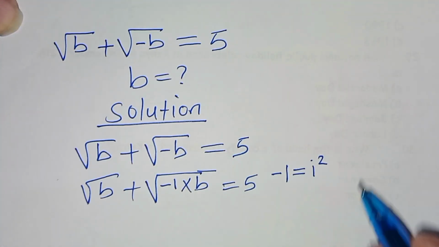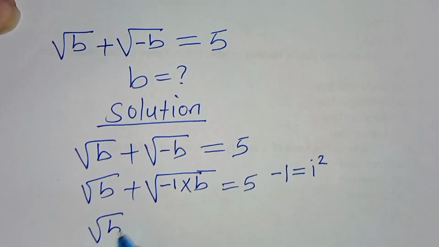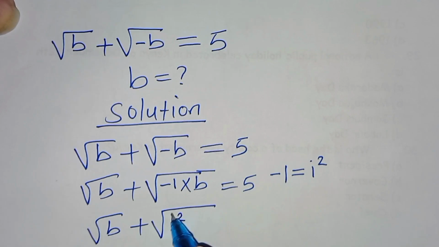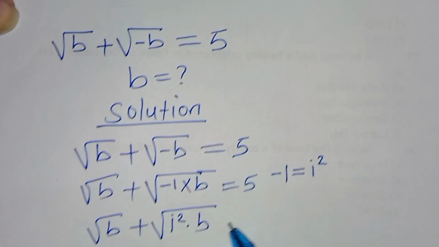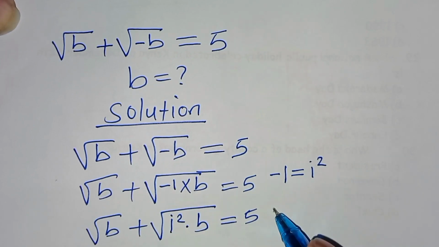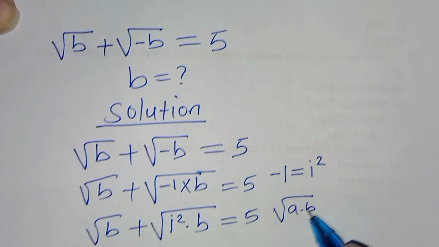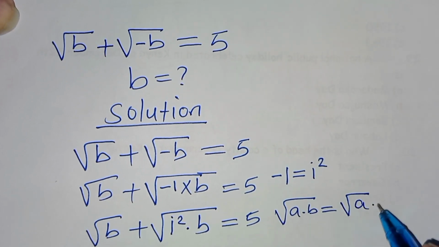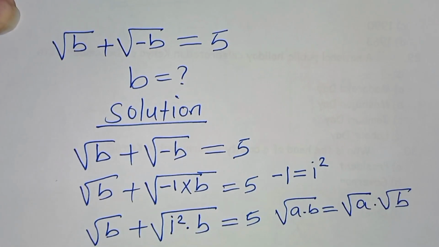Let's substitute this. So we have the square root of b plus the square root of i squared multiplied by b, equal to 5. Now, the square root of i squared times b is in the form of a times b, which you can express as the square root of a multiplied by the square root of b.